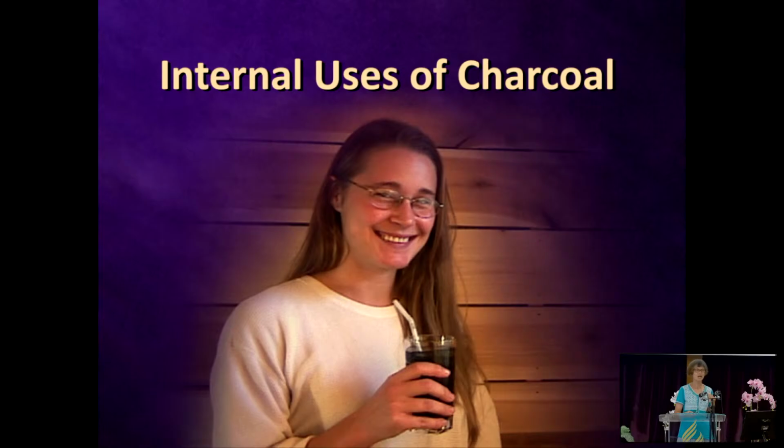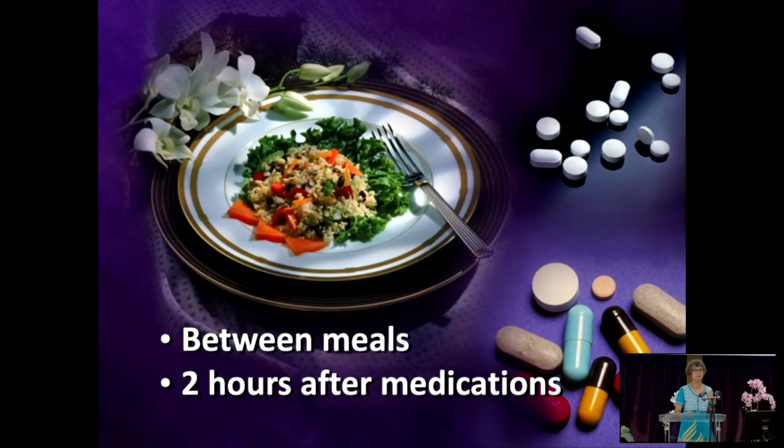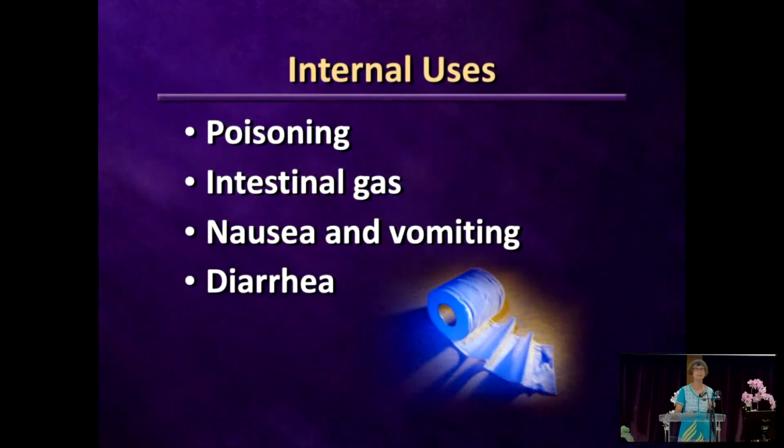We can use charcoal internally by drinking it, but we don't take it with meals because you don't want it to interfere with digestion. So we take it between meals, like 2 hours after a meal, or when we take medications, we wait 2 hours after medications before we take charcoal internally.